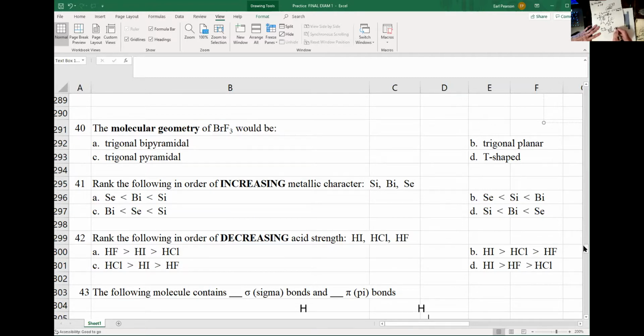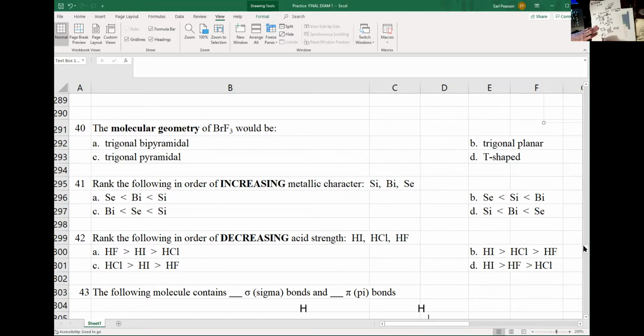It's an AX3E2. And what did it ask me to tell me? Molecular geometry. Okay, I need to do this thing then. So I'm going to do 5 things is trigonal bipyramid. 2 of them for the bromine right there are going to be lone pairs.